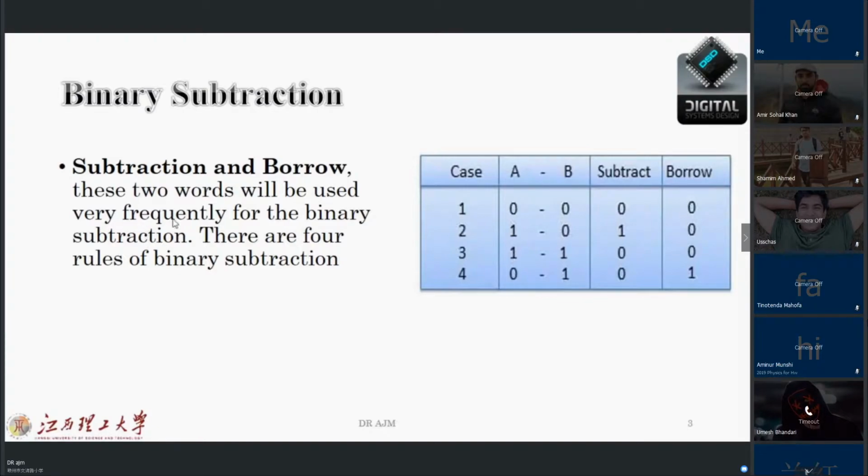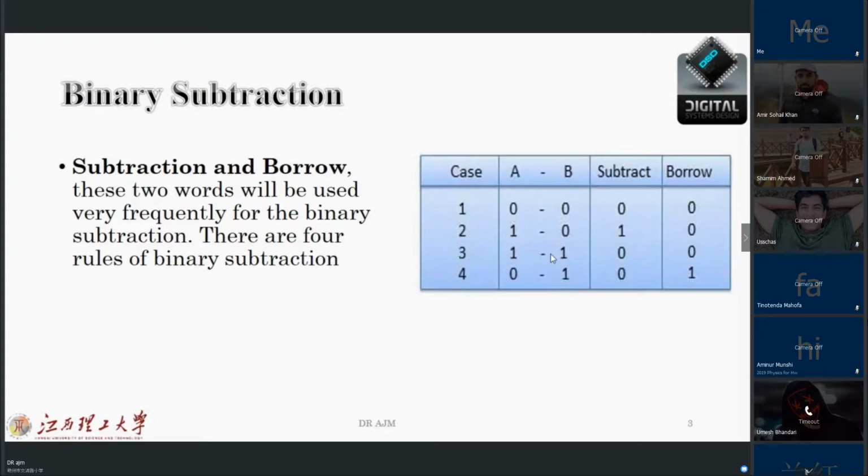By the way, you can see that most things are very similar to the routine subtraction and addition that we have. Just this 0 minus 1 is different, where we have subtraction and borrow.